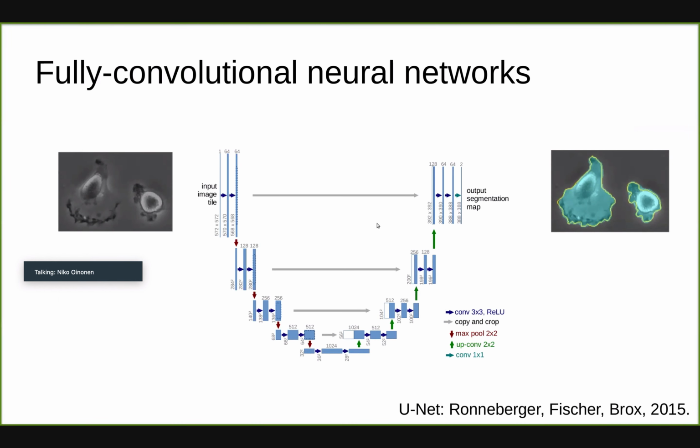But there's another option that you could also output an image from the network, and then there's this quite often used type of network called the UNet, which is this kind of fully convolutional neural network.